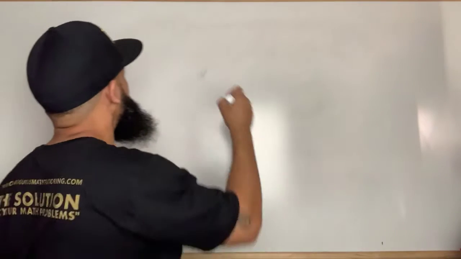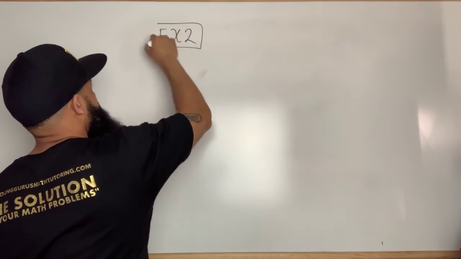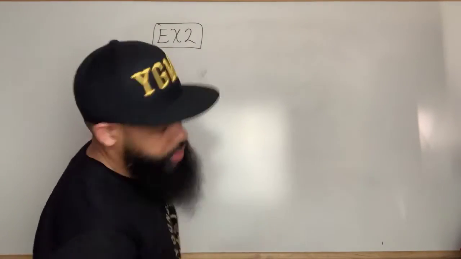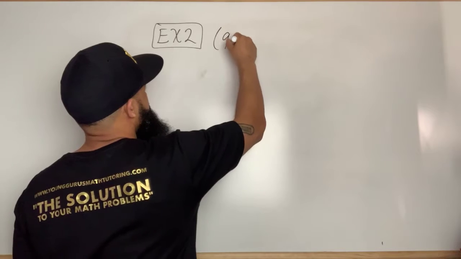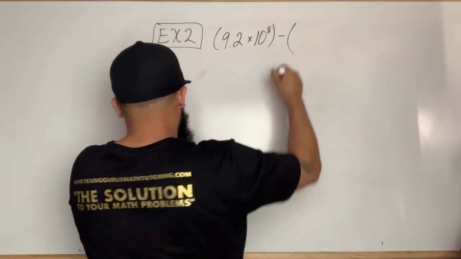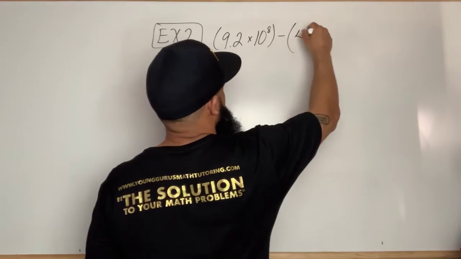Now, example 2. 9.2 times 10 to the 8th. Same type of problem, and I'm subtracting 4 times 10 to the 8th.